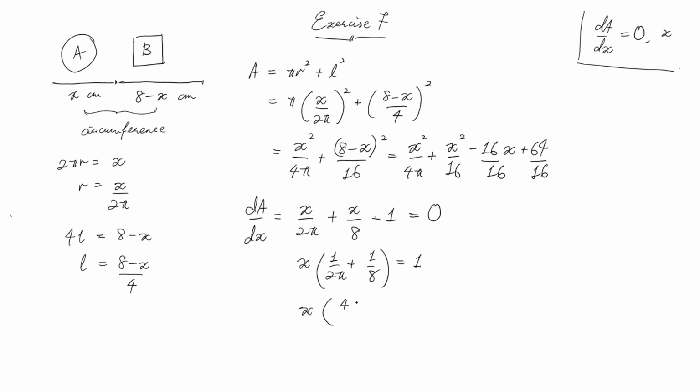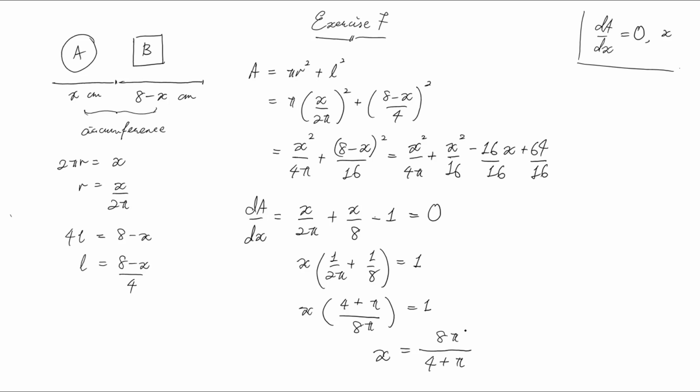So this one is multiplied by 4, this one is multiplied by pi, then you have 8 pi equals 1. Then finally your x is equal to this one going to the top, and this part will go to the bottom side because it's division.